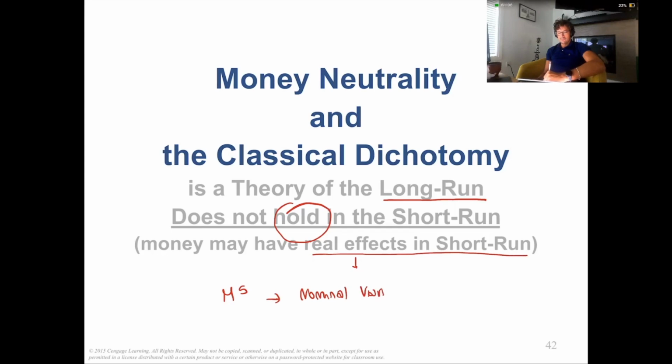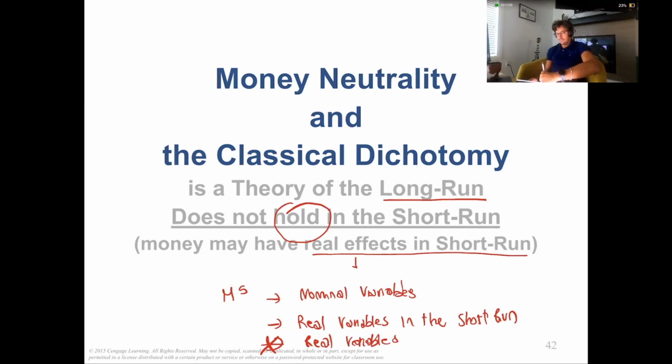This is independent of long run or short run, but it will affect real variables in the short run, but will not affect real variables in the long run. Okay?